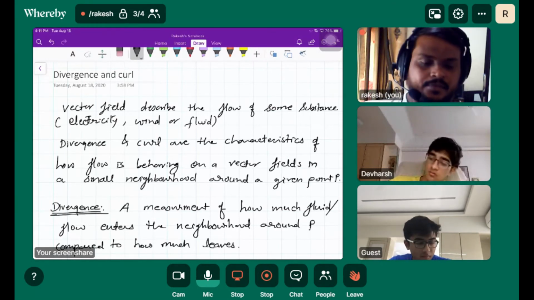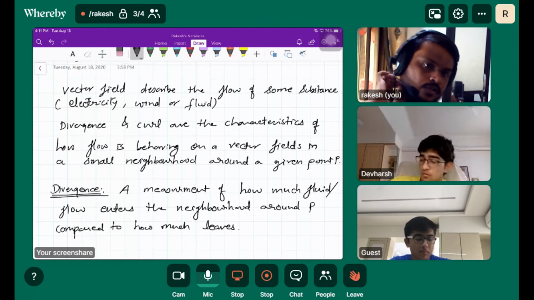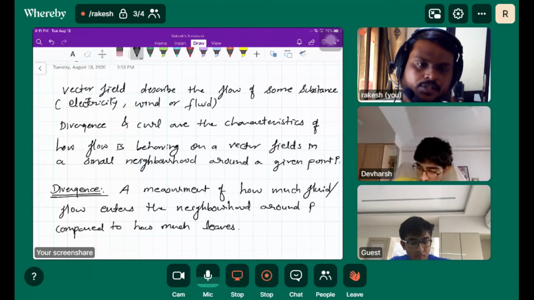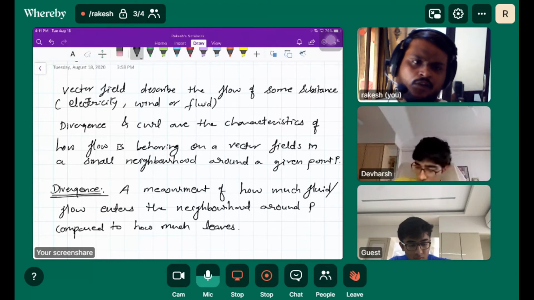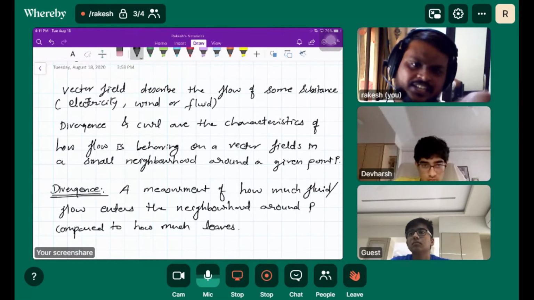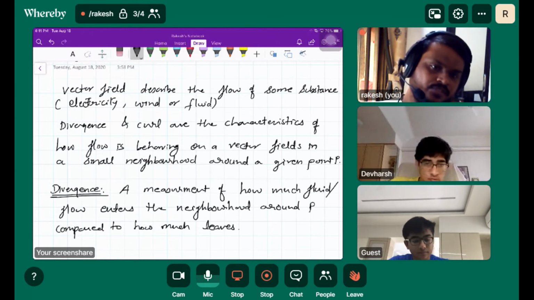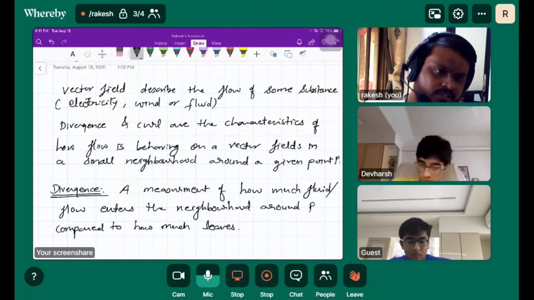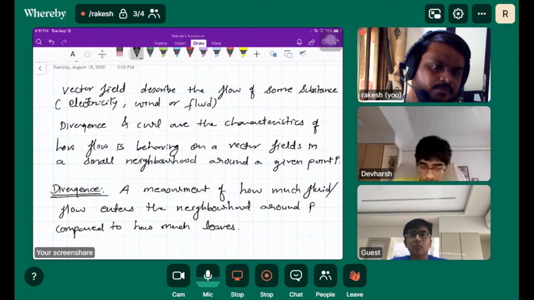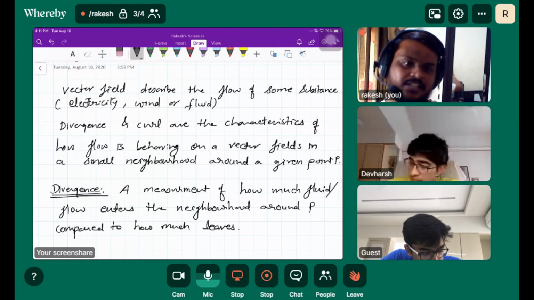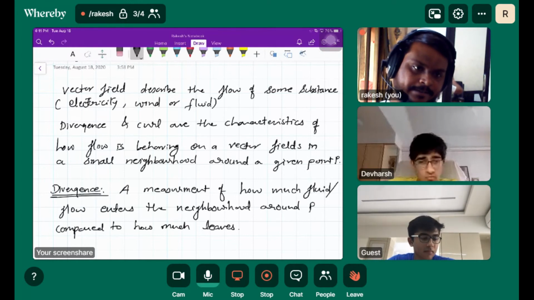You can understand this flow of a vector field by considering any point on that field and how the vector field behaves around that point, in the neighborhood of that point. There are two characteristics of the vector field, divergence and curl. Divergence gives the measurement of how much fluid enters the neighborhood around point P compared to how much leaves. Got the idea here?